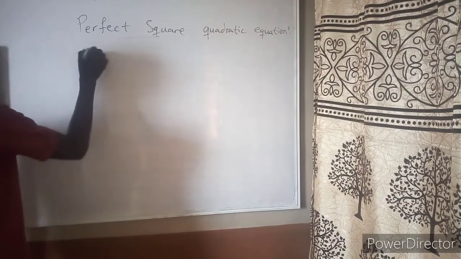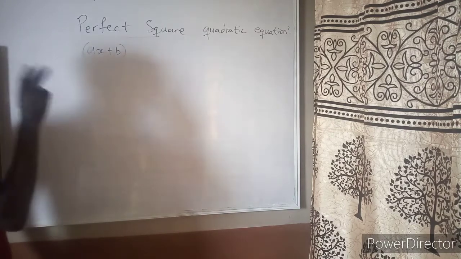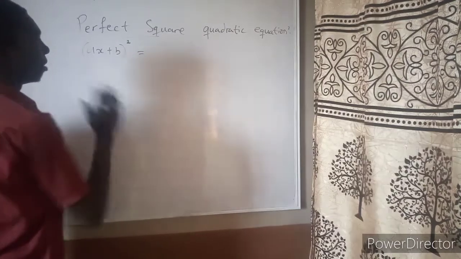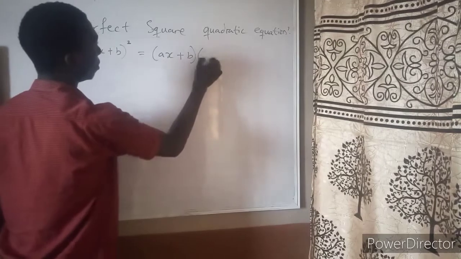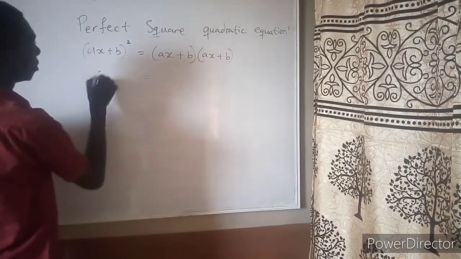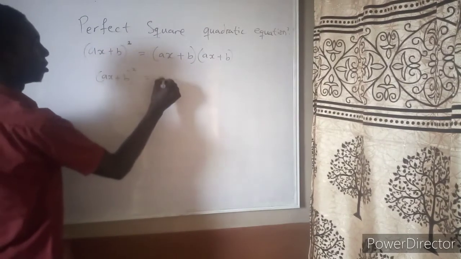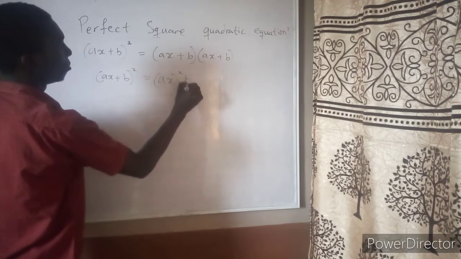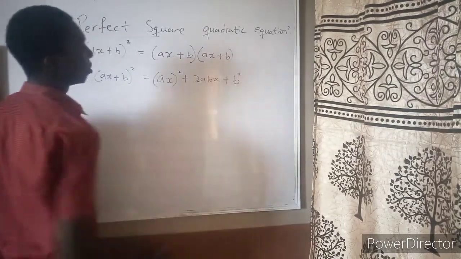If ax plus b is a simple linear expression, then when I multiply it twice, or raise it to the power of 2, it becomes a perfect square. So solving this, I have ax plus b all squared equals a squared x squared plus 2abx plus b squared.